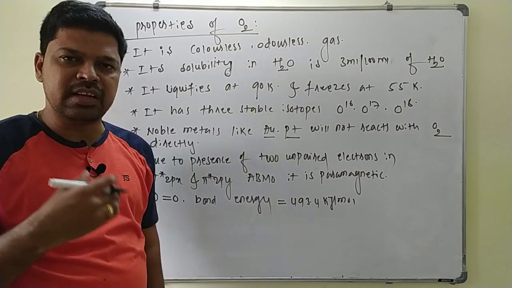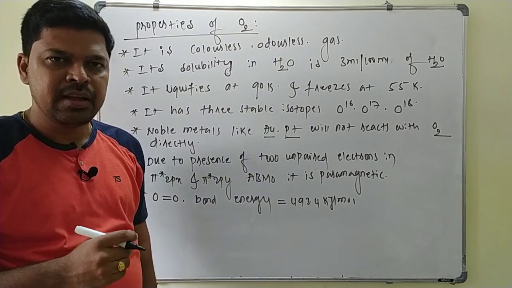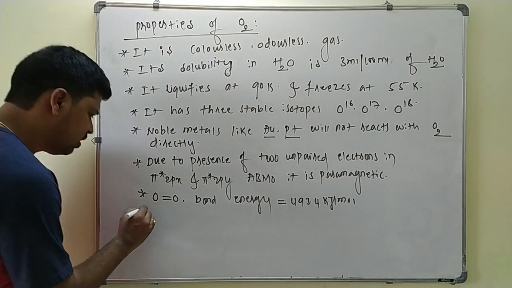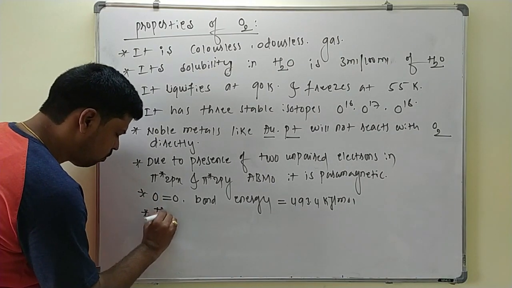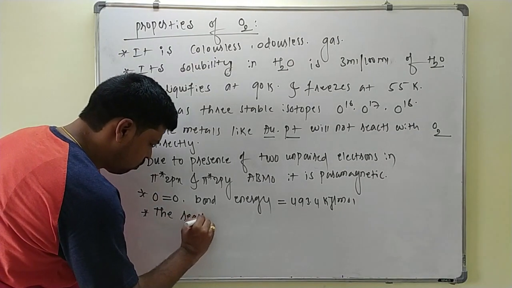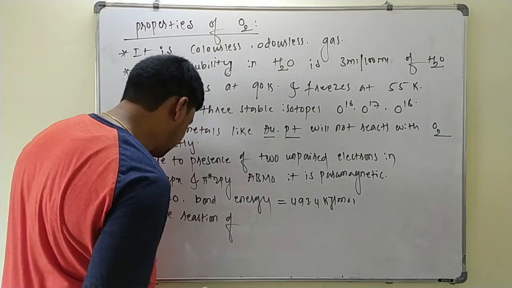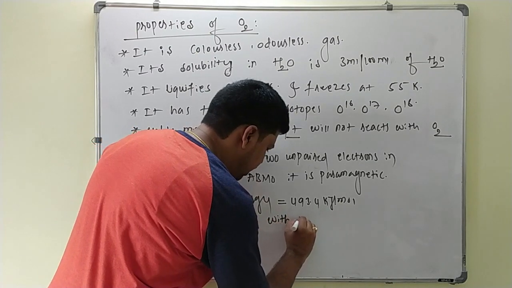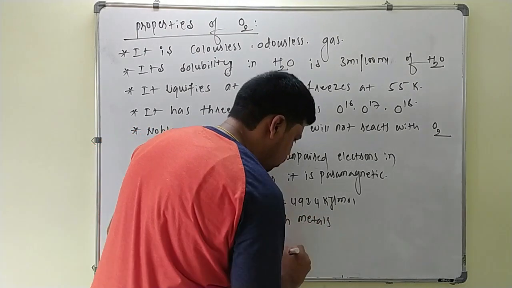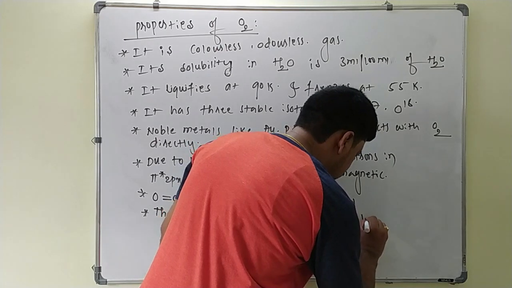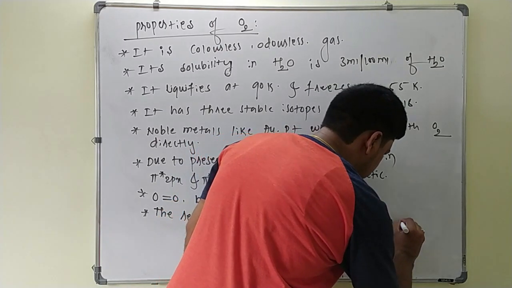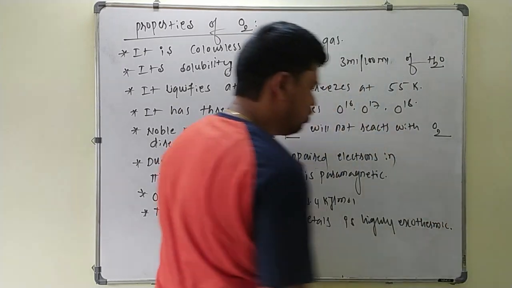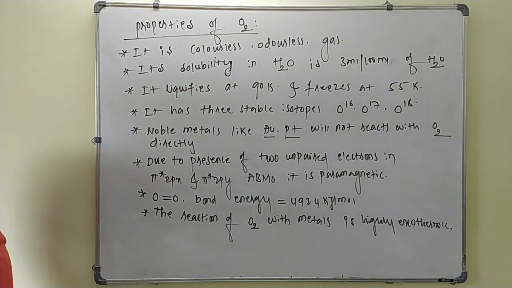It combines with metals and non-metals to form the respective oxides, but the reaction of this oxygen with the metals is highly exothermic. The reaction of oxygen, that is O2, with metals is highly exothermic. Okay, these are the important properties of the O2.